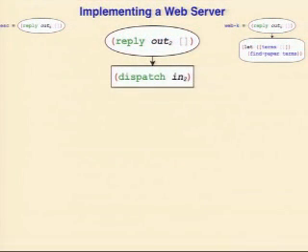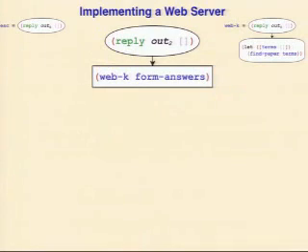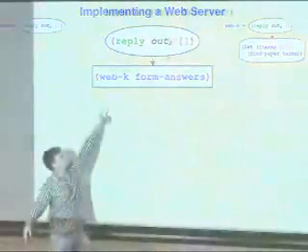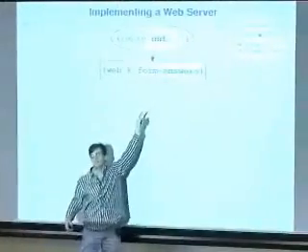Okay. And then when we get another request later when they submit the form, this is out to and into a second connection, a different connection than the out one and in one that we had before. And as we dispatch on that, what we eventually get to is that URL represented WebK, and we also parsed out of the URL the form answers.